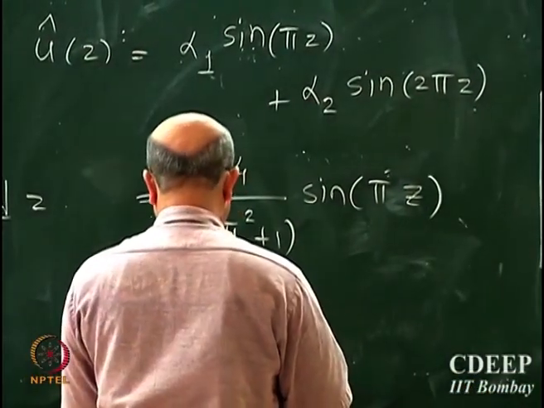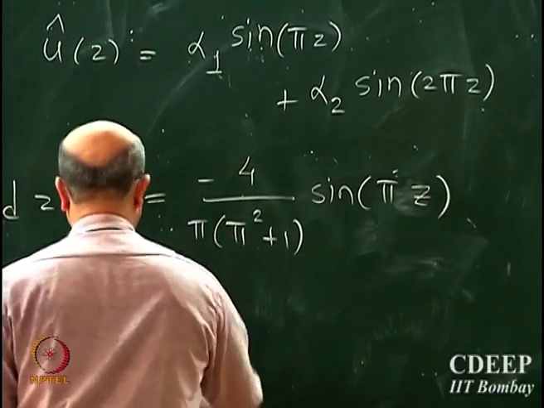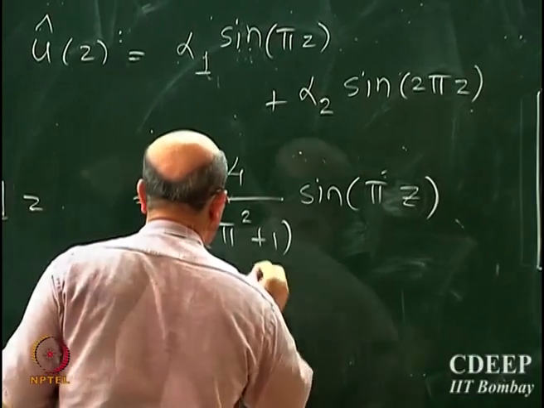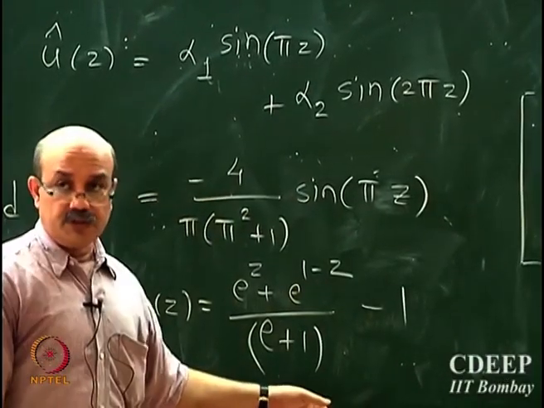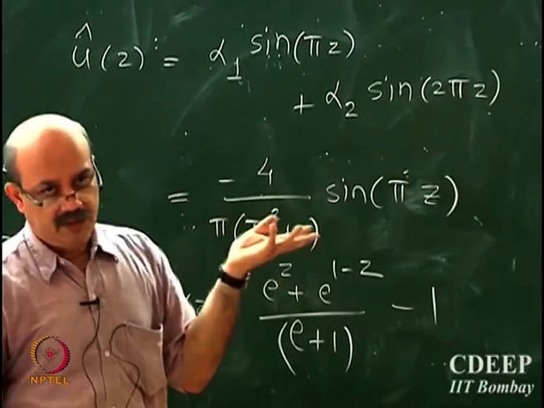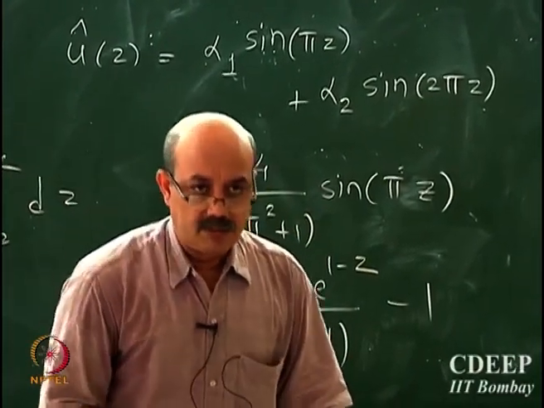The true solution is u(z) equal to, this is the true solution, this is the approximate solution. True solution can be found by some different means, not by this approach.